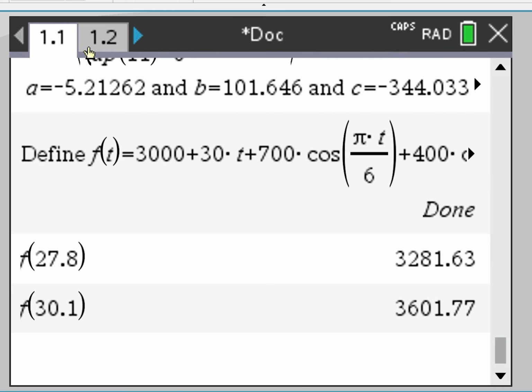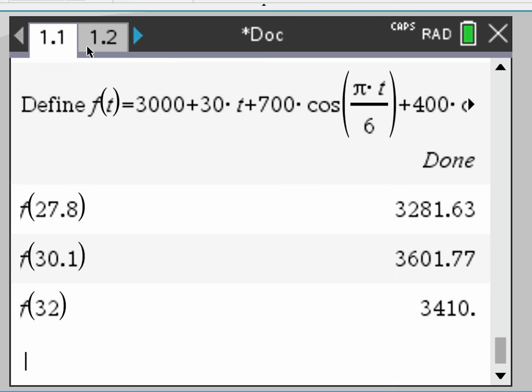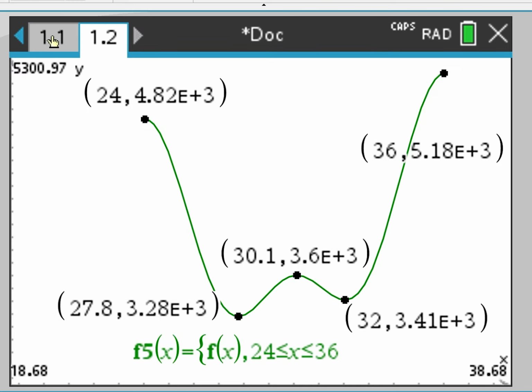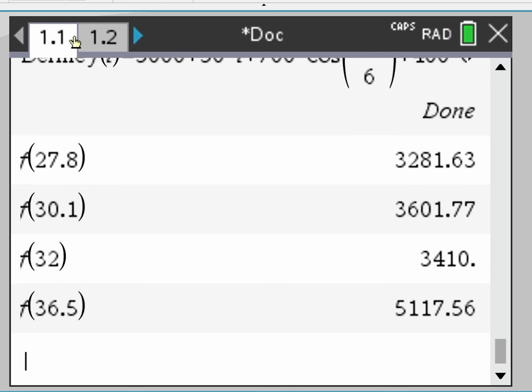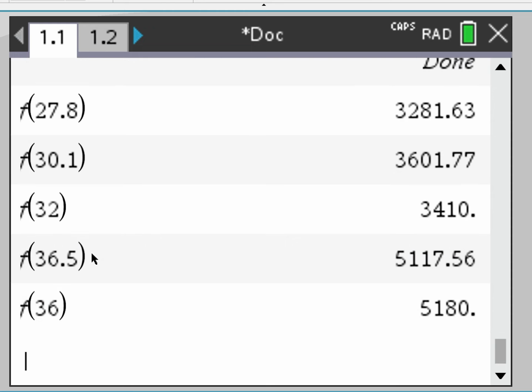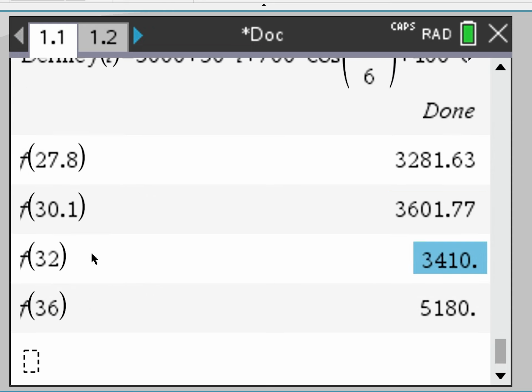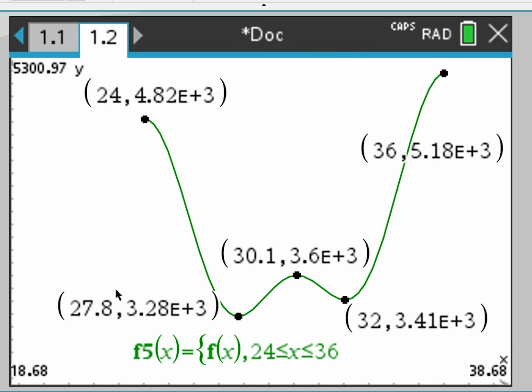And then f of 32, okay. And f of 36.5. Oh wait, no, 36. What am I doing? 36. Okay. So the reason why I've only based it off the coordinates shown in the graph is because we just have to simply plot it. We are not asked to give the coordinates of it, so I'm not gonna worry about the exact values. So that's fine. We just have to graph it. So yeah, this is also fine. Saves a lot of time.